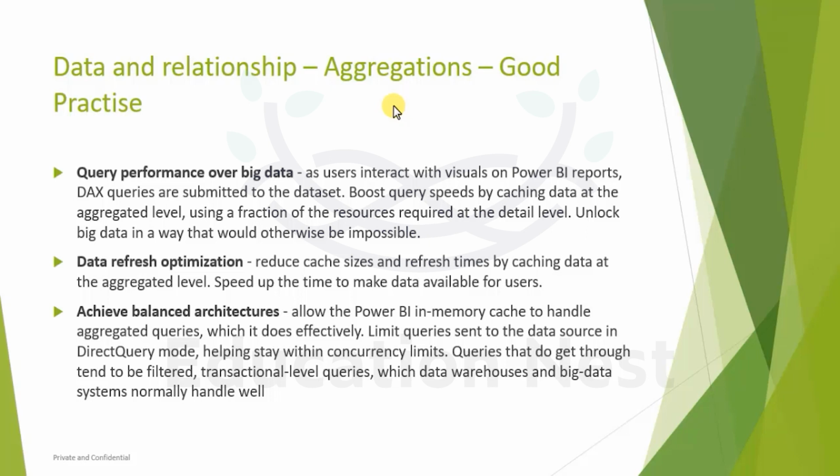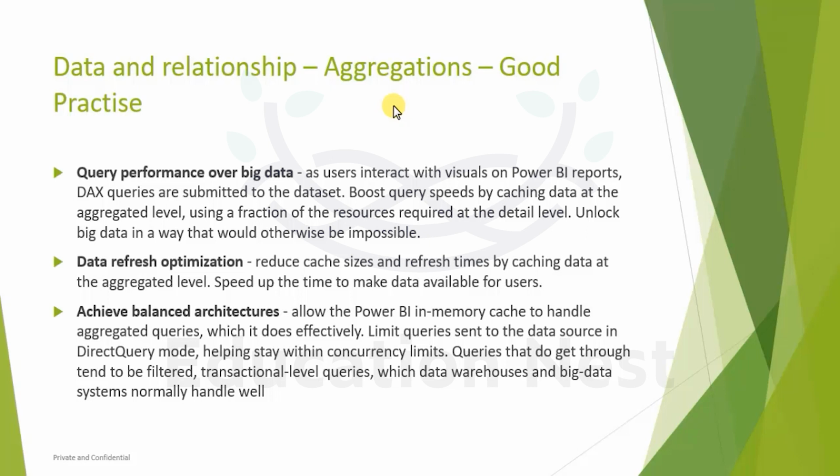Boost query speeds by caching the data at the aggregated level. As I said, aggregated tables are key columns from most used tables. It is a refined table having all the info. It is more like a summary table, using a fraction of the resources required at the detail level. Unlock the big data in a way that would otherwise be impossible.